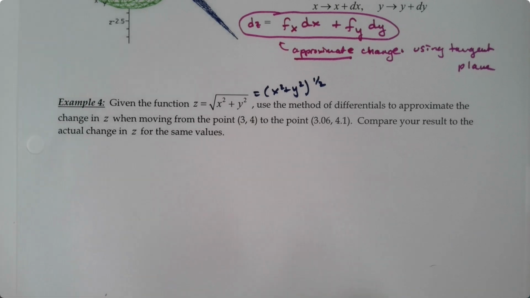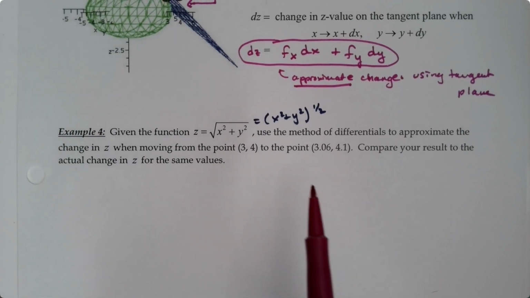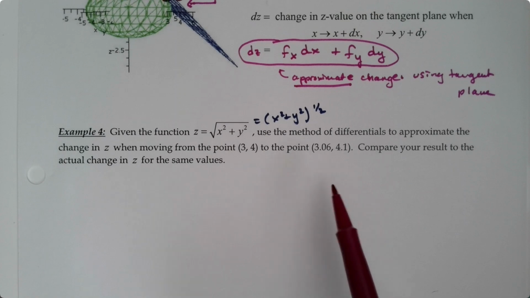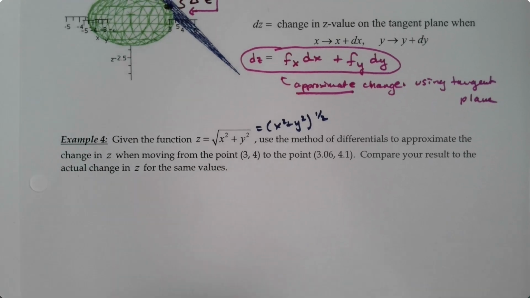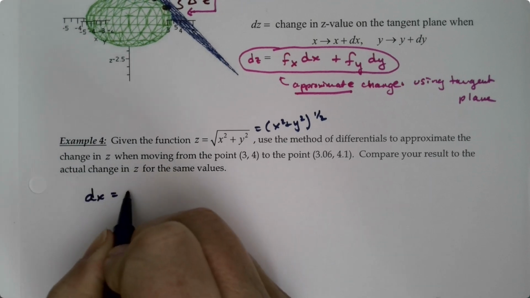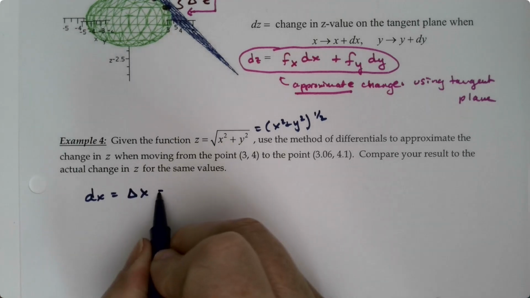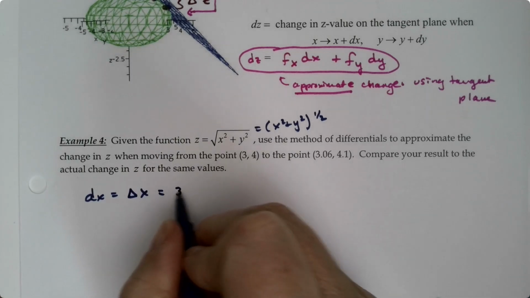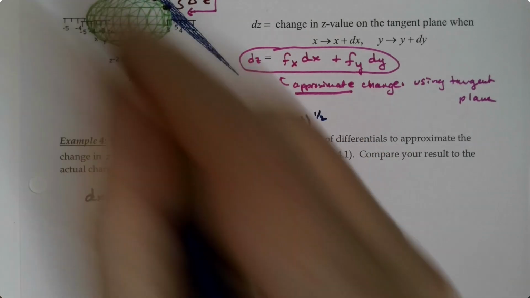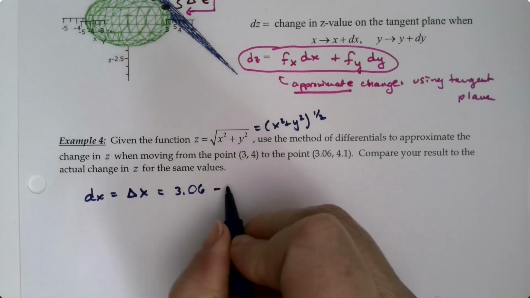If we want to compare our results, we actually want the change in x and the change in y as well. So we have a whole bunch of things that we need to figure out. The first thing we need to figure out is our dx. How did our x change? So dx, which is delta x, is from 3.06, take away 3.